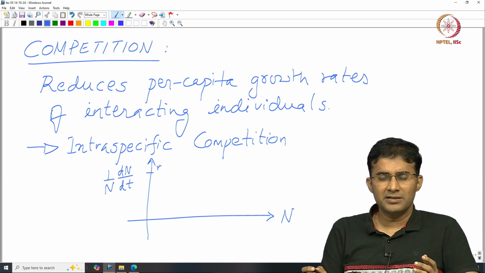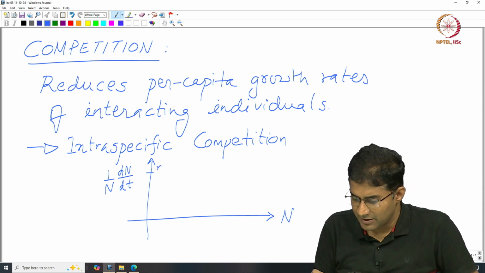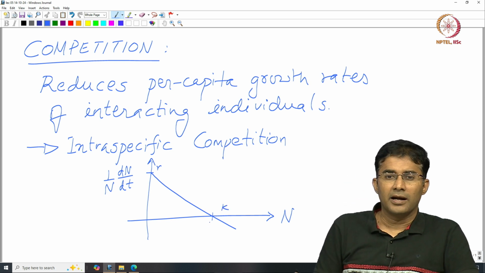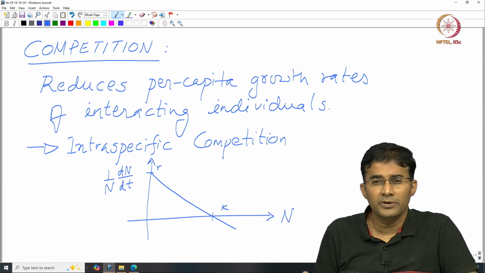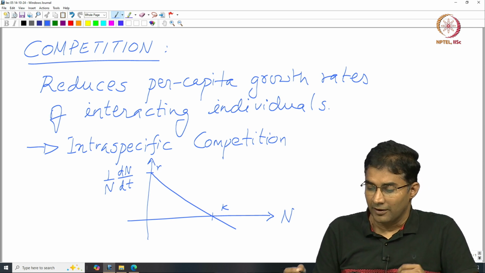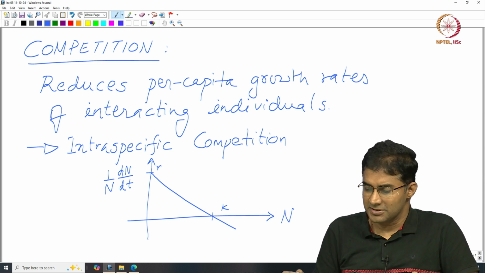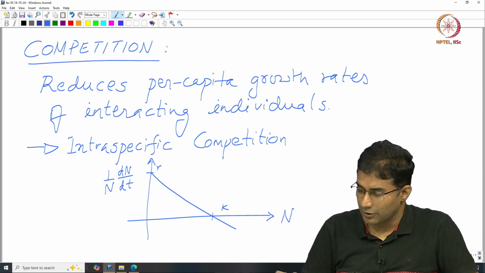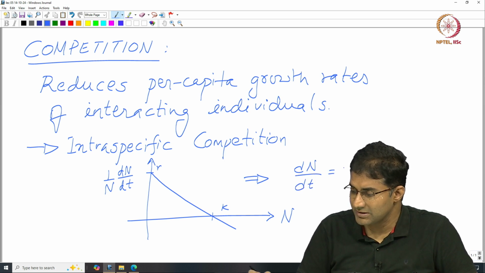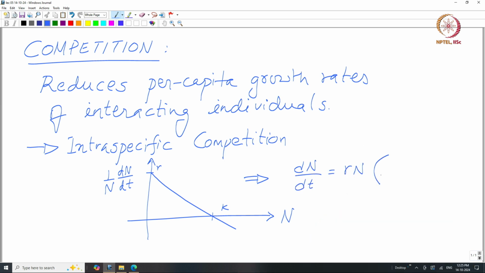Under the simple assumption that the per capita growth rate declines linearly with population size and hits 0 when the population size hits a value of K, which corresponds to carrying capacity, we obtain the logistic population model. dN by dt is equal to RN times 1 minus N over K.